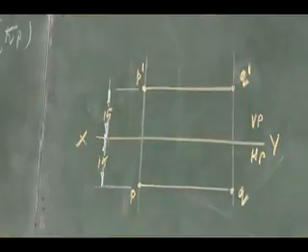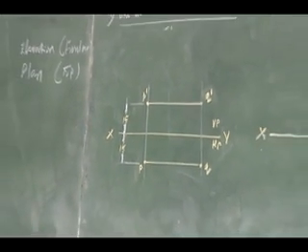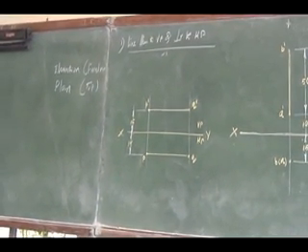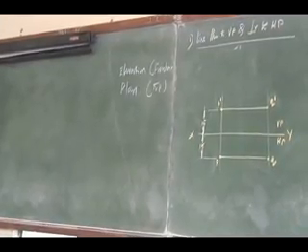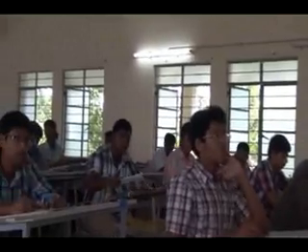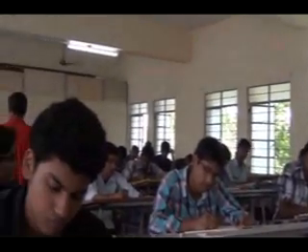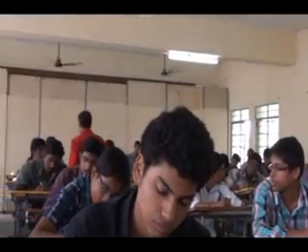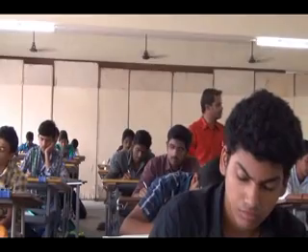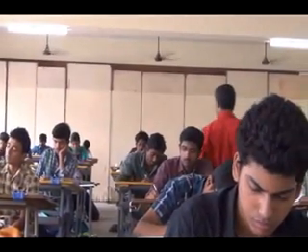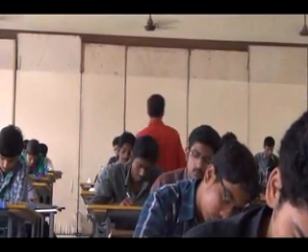Given the next problem we take. A line MN of length 65 mm is inclined 30 degree to HP, and parallel to VP.